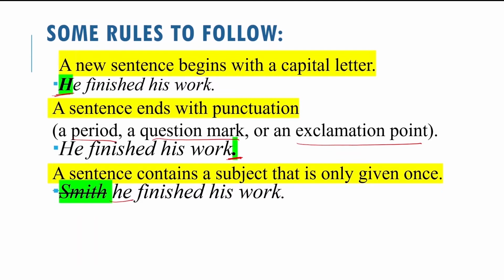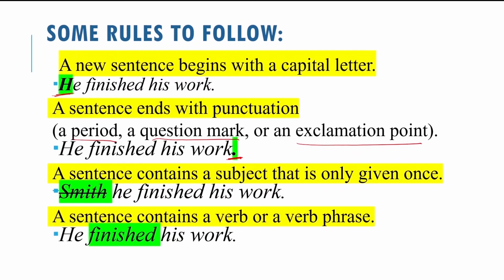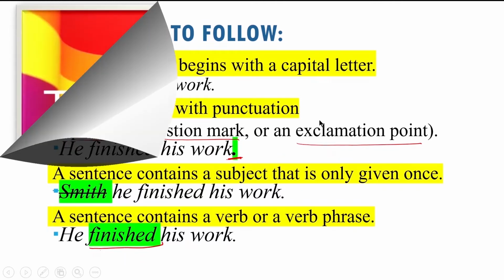As he is given, we will not take Smith. If you take Smith, then you will not take he. So once again I'll repeat, a sentence contains a subject that is only given once. A sentence contains a verb or a verb phrase. There is a pattern in sentences that says subject, verb and object. So there should be a verb or verb phrase in a sentence.